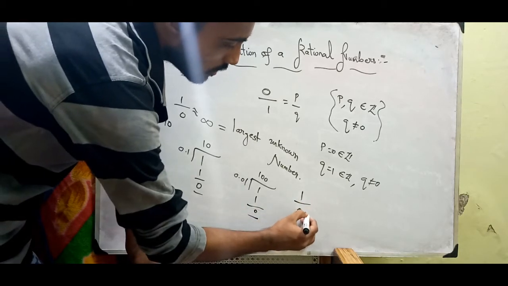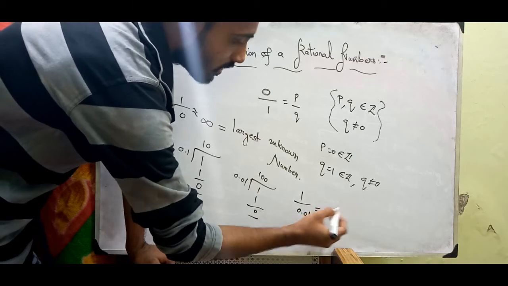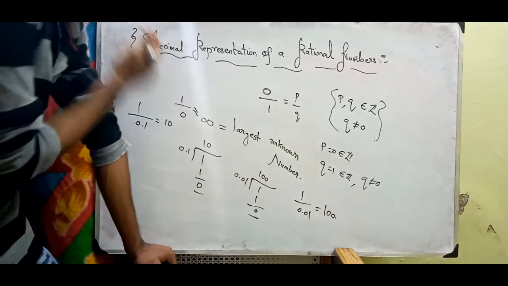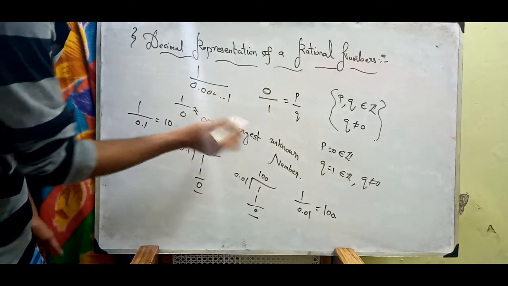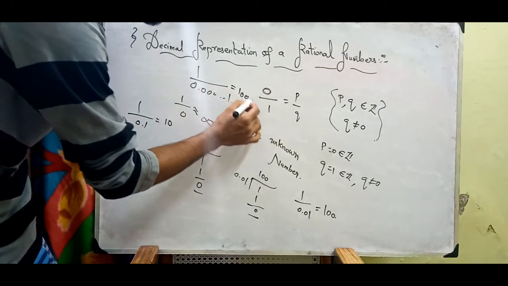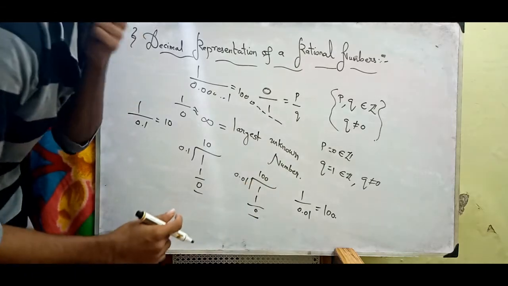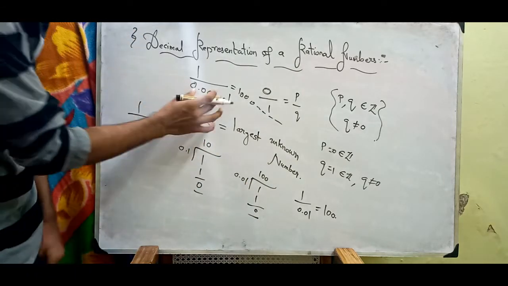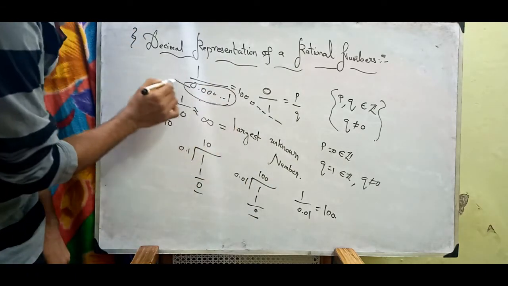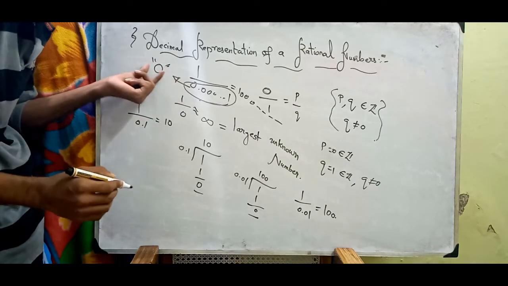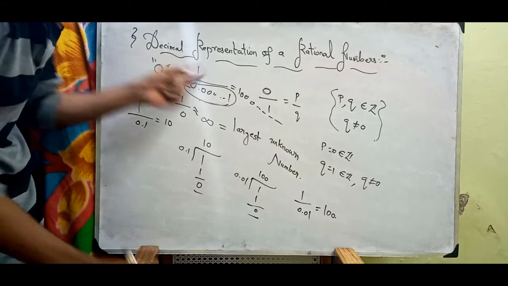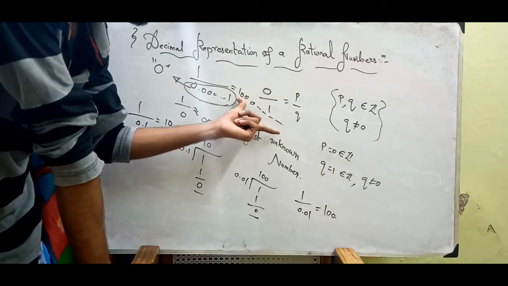So 1 upon 0.01 is nothing but 100. In this way, however many zeros you take, that many zeros will be obtained in the quotient. And this number is approximately 0 only, but the quotient will always be a huge value.